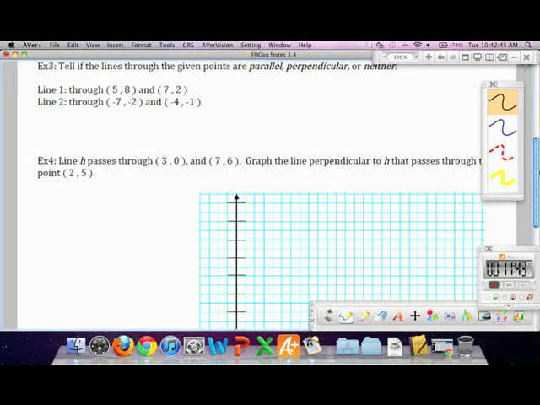Let's find the slope of one. Our slope of the first line, I'll use my slope formula, y2 minus y1, 2 minus 8, over x2 minus x1, is -6/2, which is -3.